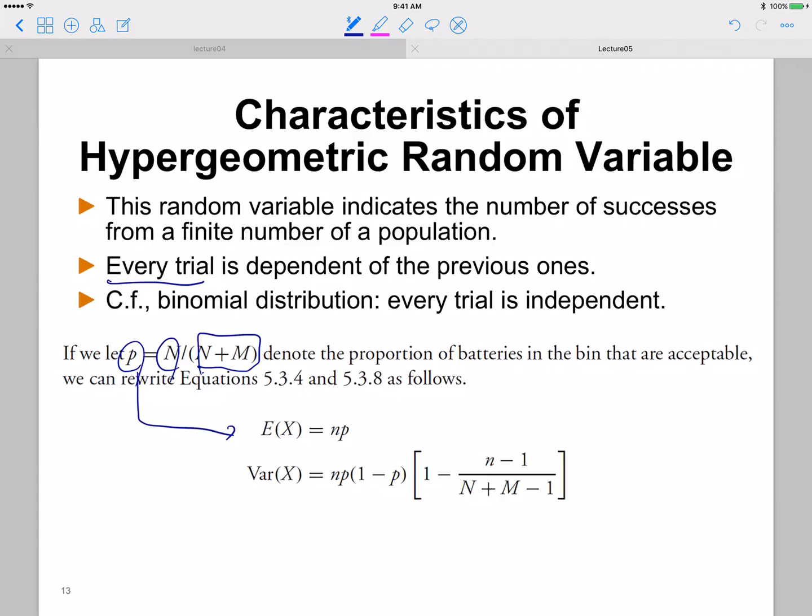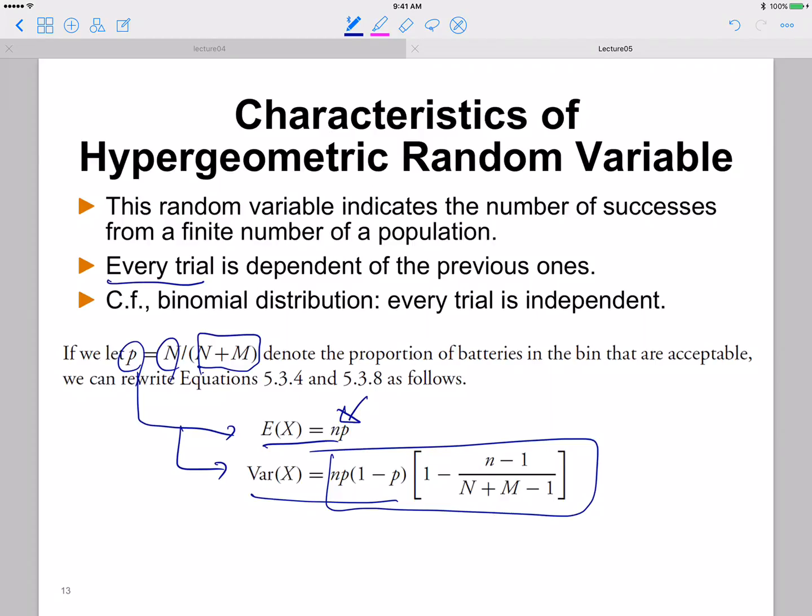So you can prove the expectation or the mean and the variance of this hypergeometric random variable case, and it's almost the same as the binomial random variable case. So the mean value will be exactly the same, and then the variance will have this kind of form.